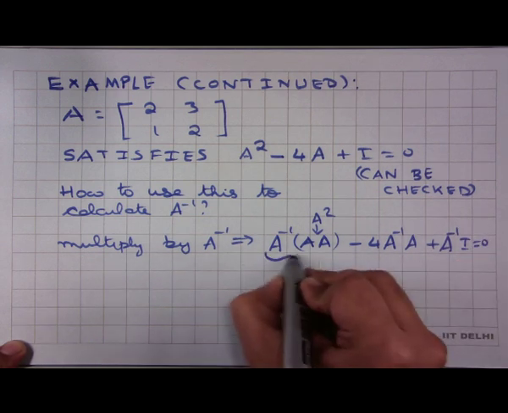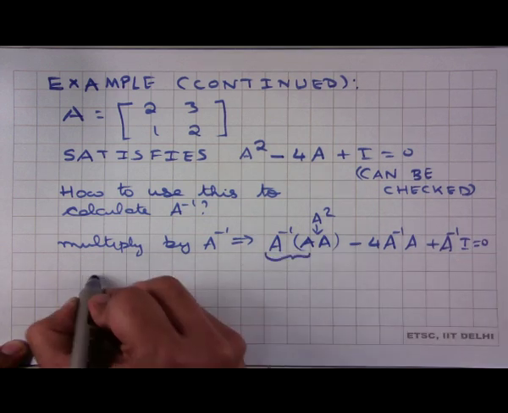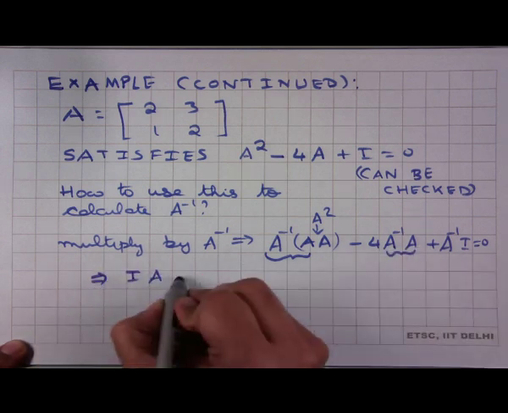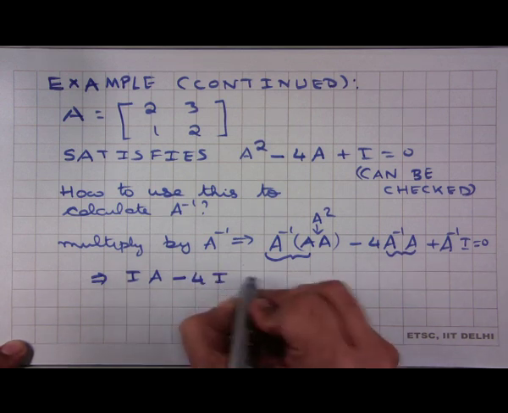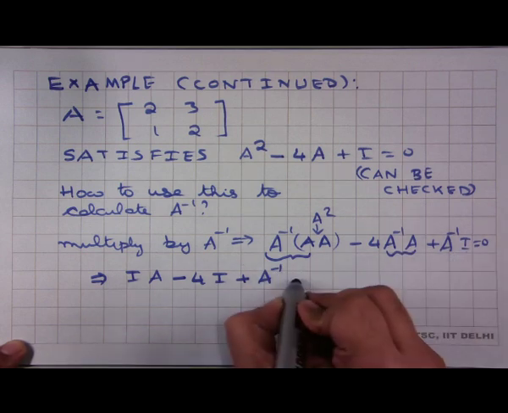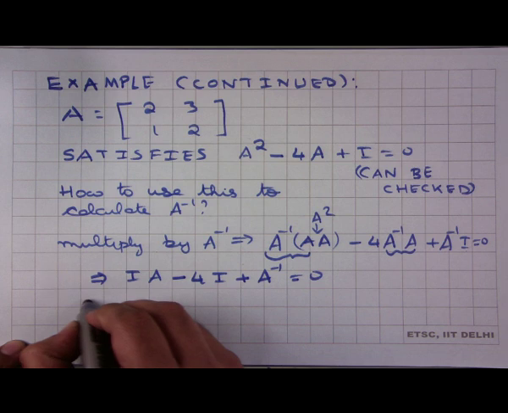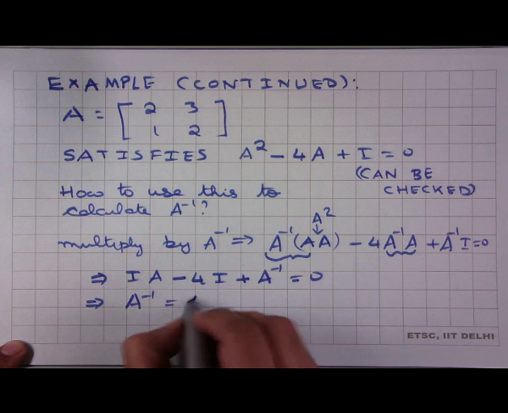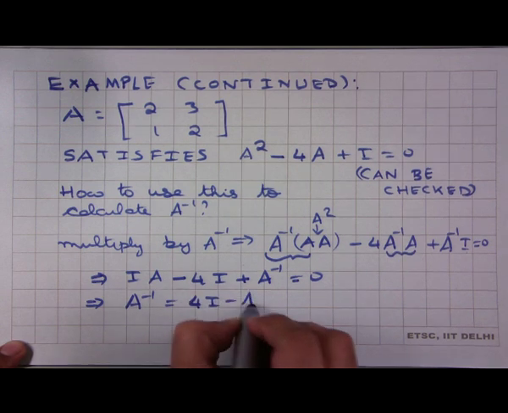A inverse times A is identity, so this is identity times A, and this is again identity. So, minus 4I plus A inverse, because identity times any matrix is the matrix itself, or A inverse is equal to 4I minus A.